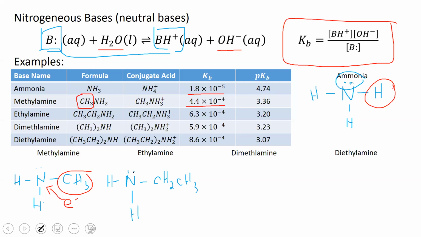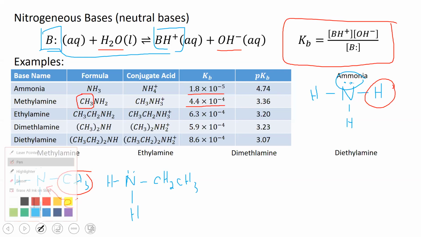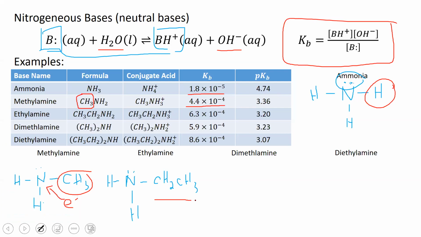And it still has that lone pair of electrons on nitrogen. And that ethyl group is a little bit more electron donating than the methyl group was. So having an extra CH2 on there makes it so that it's going to be a better base. Not by a lot. You'll notice that 6.3 as compared to 4.4, but they're the same order of magnitude.